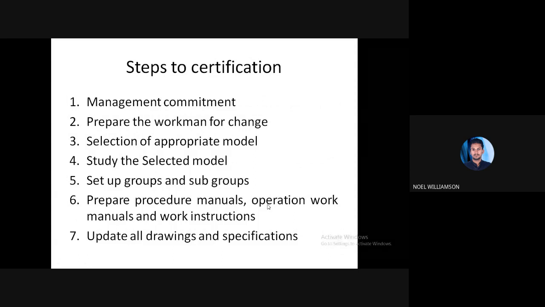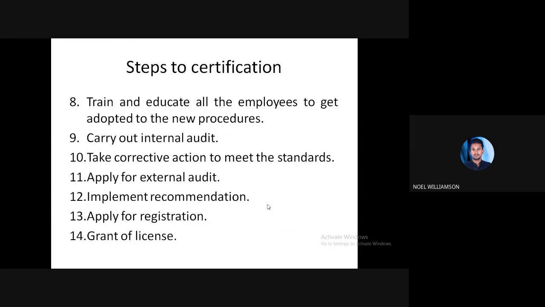Then we go for updating all drawing and specification, train and educate all the employees to get adopted to the new procedures, carry out internal audit, then taking corrective action to meet the standards, applying for external audit. After that, implement the recommendation by the external audit, apply for the registration, and finally granting of the license. So these are the main procedures or the steps involved in certifying ISO.